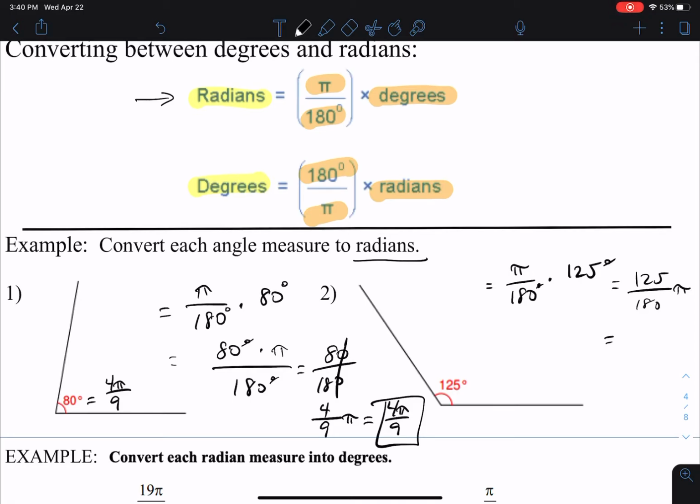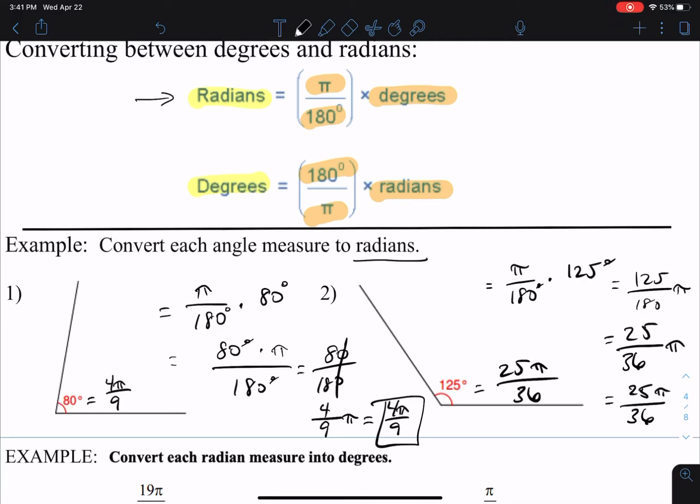When we reduce 125 over 180, dividing them both by 5, we get 25 over 36 pi, which is the same as 25 pi over 36. So these mean the same thing; one is just in degrees, one is in radians.